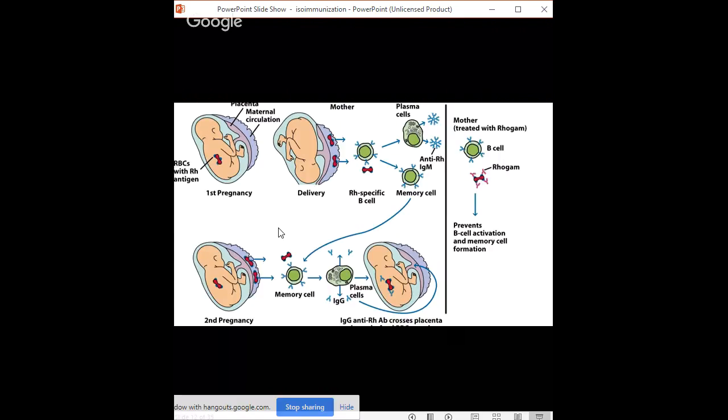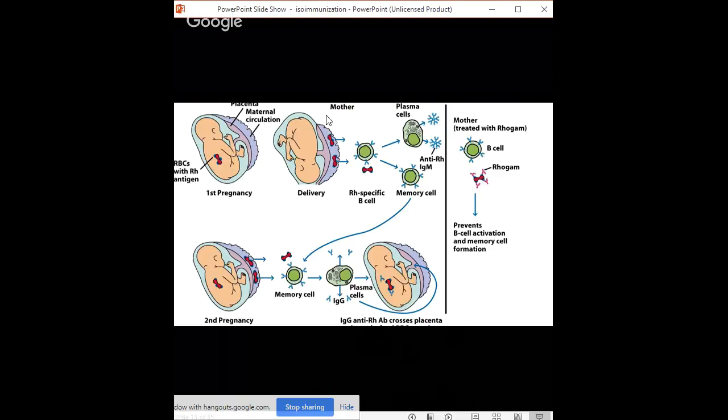And here we have a diagram which explains what we just went through. Here you have your first pregnancy, which is your sensitizing pregnancy, and you have the presence of the rhesus positive antigen on the baby's red blood cell.